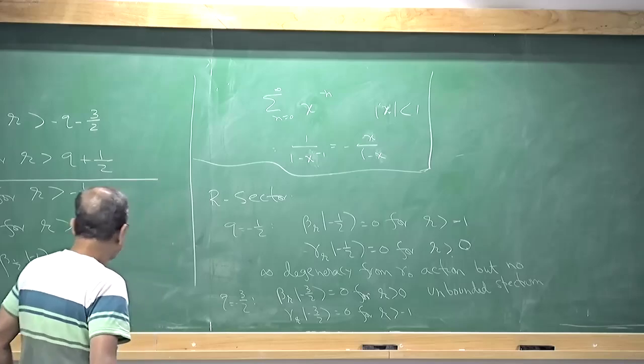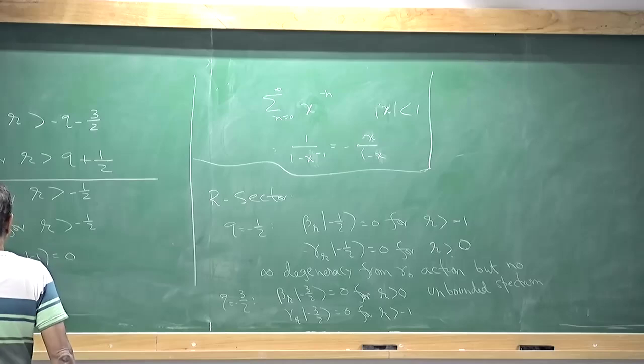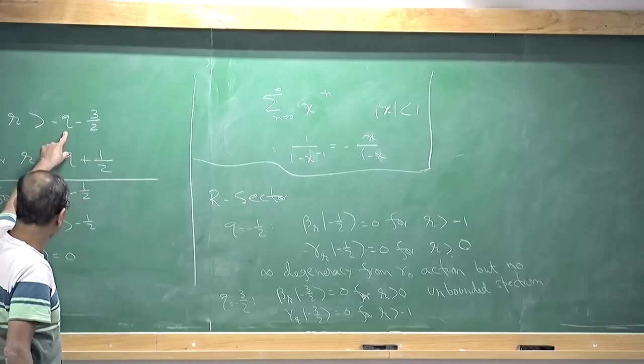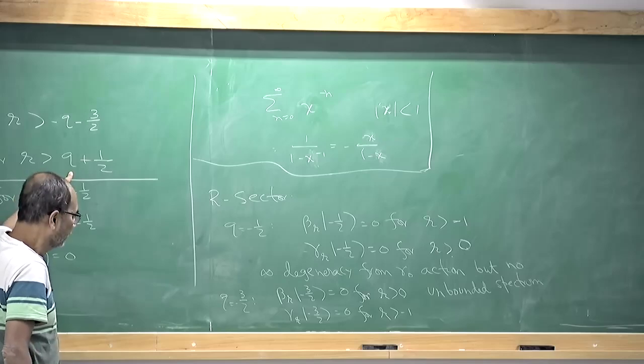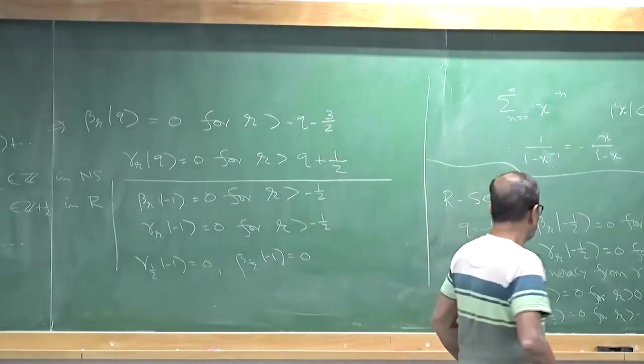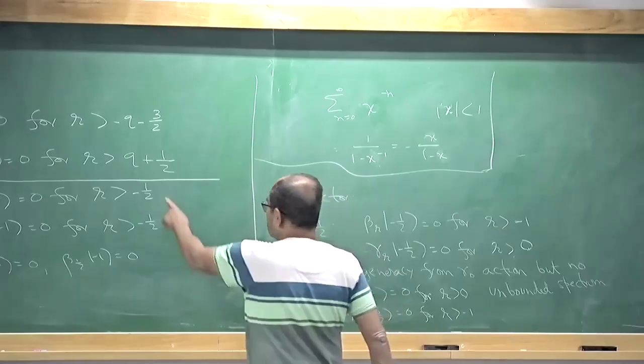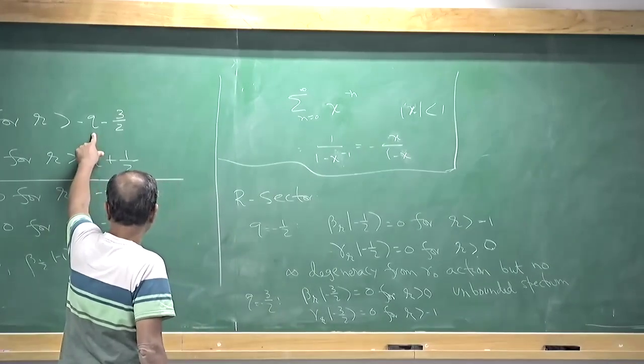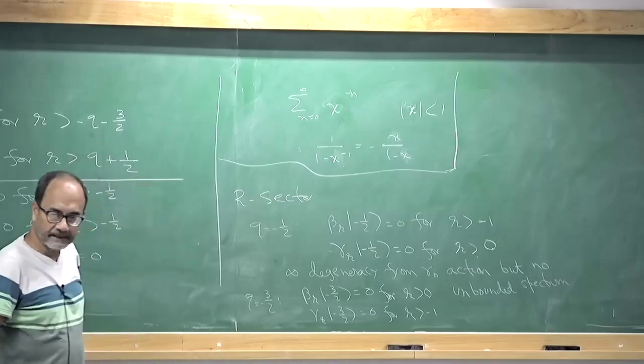So let's look at q equal to minus 3 half here, right? If q equal to minus 3 half, these become 0, right? For minus half, q is minus half, so this is r greater than 0, and this is half minus 3 half.